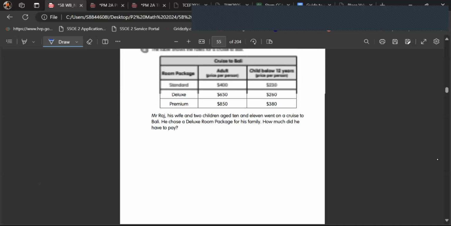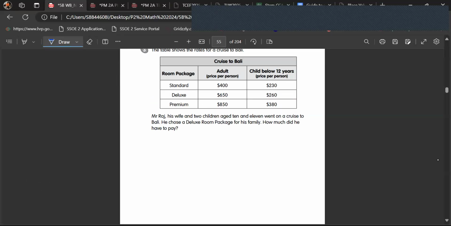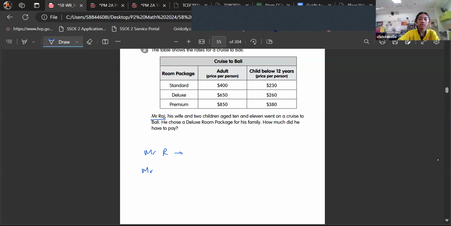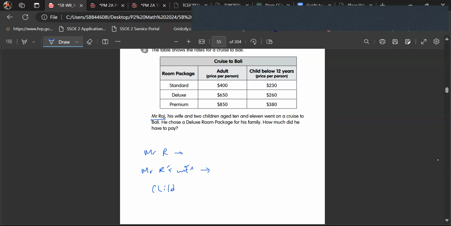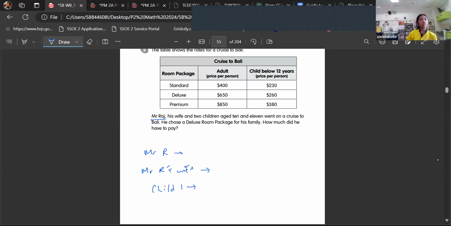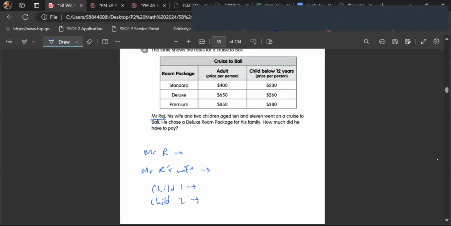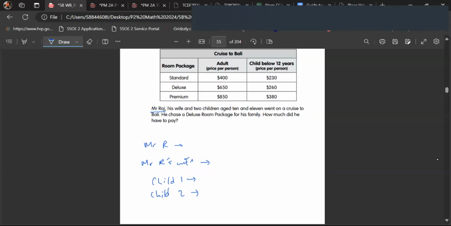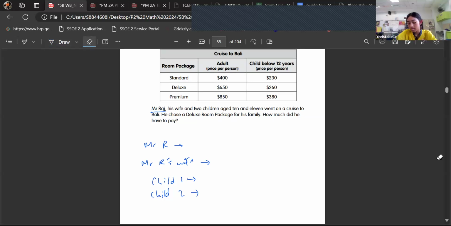Now here, one of the ways is like how our friend said, I write down Mr. Raj, wife, child 1, child 2, and add up. Is it okay?